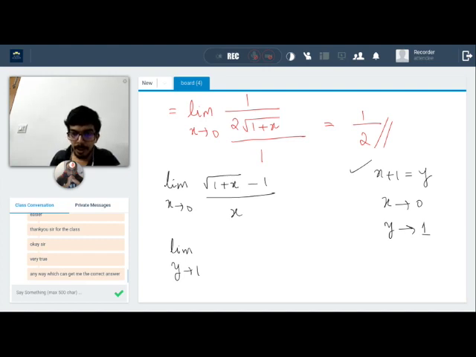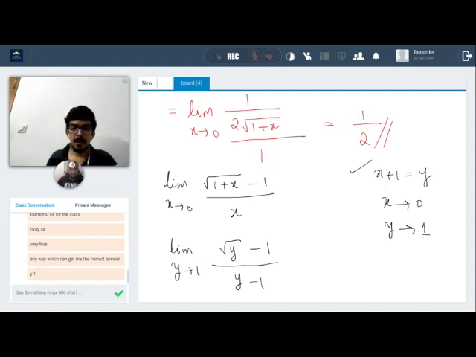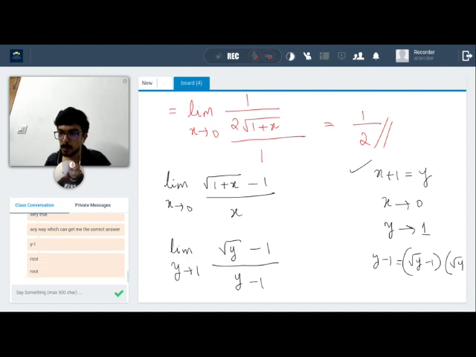Now our question becomes limit y tends to 1, the numerator is going to be root y minus 1, divided by x, which is y minus 1. After this step, you can cancel off one of the terms, because y minus 1 can be written as root y minus 1 into root y plus 1.